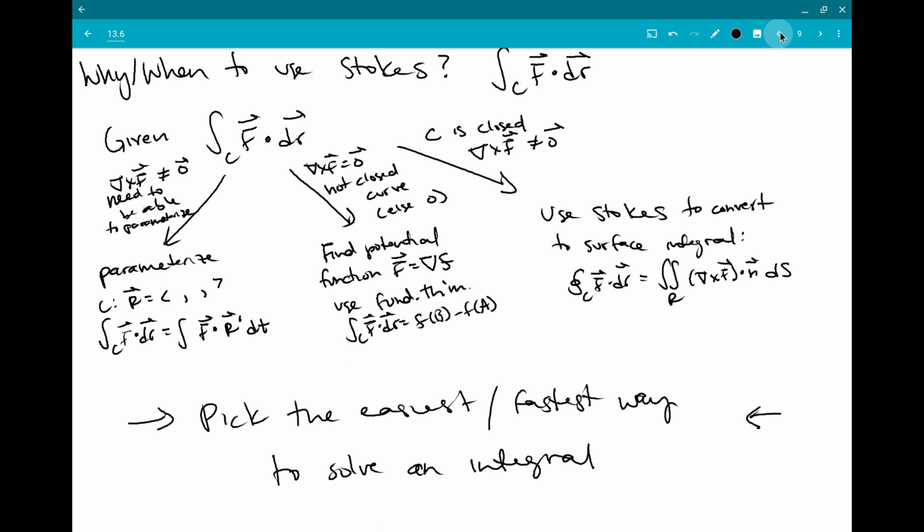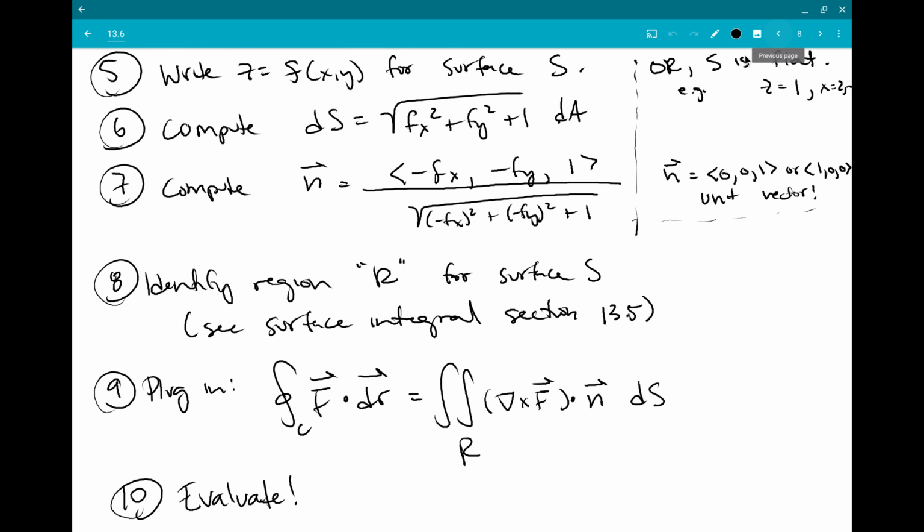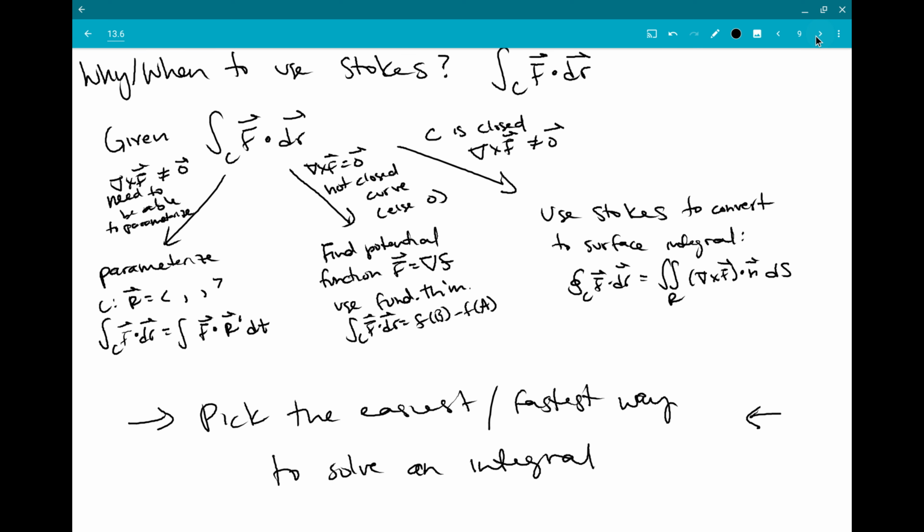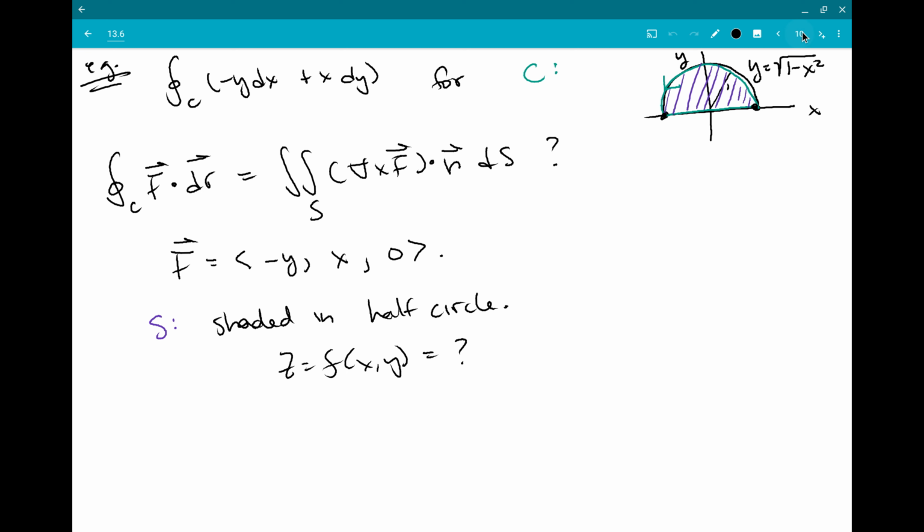And so this is going to be one of those examples where S is a flat thing, so it's very easy to go ahead and pick a unit vector without relying on all our formulas here. And the flat thing we've picked just lives in the xy plane.